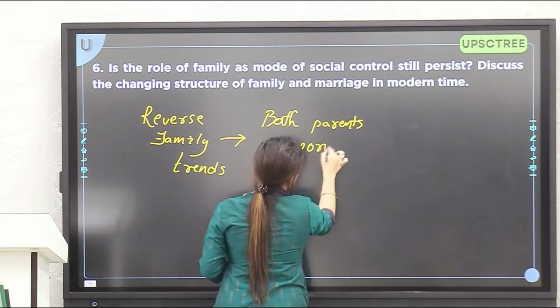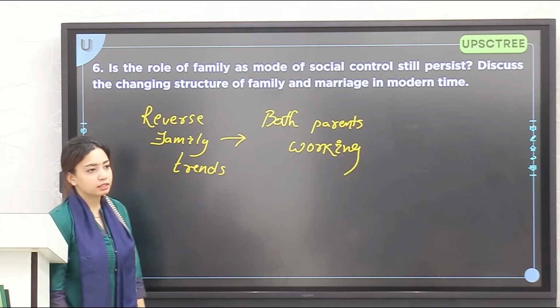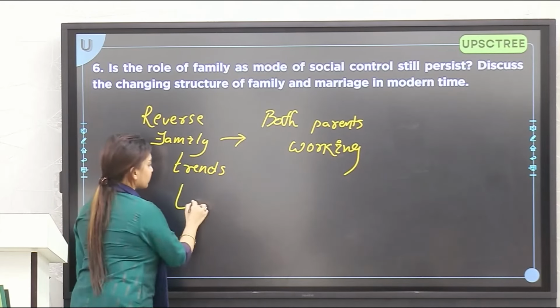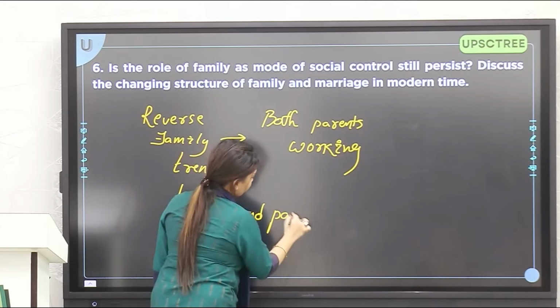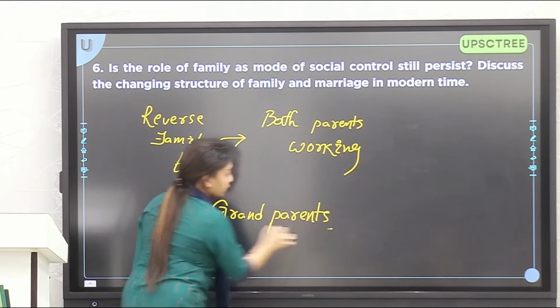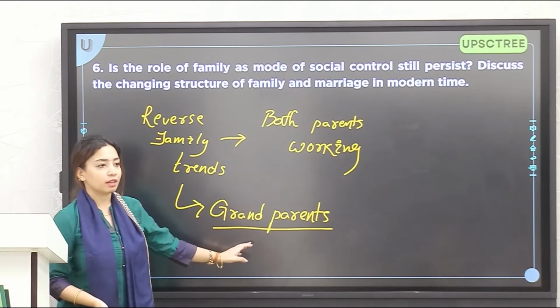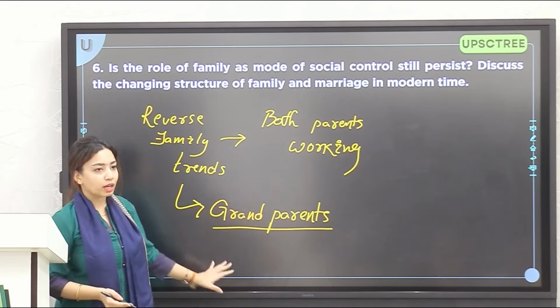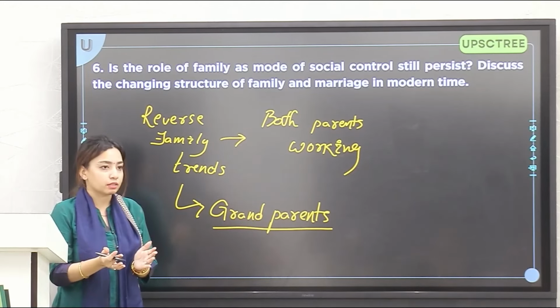Who will take care of the kids? Grandparents. Okay. Free service. Maid you will be giving them. Will you be charging in the time of inflation? So they are like free service. I'm not saying that. This is a notion of people nowadays.